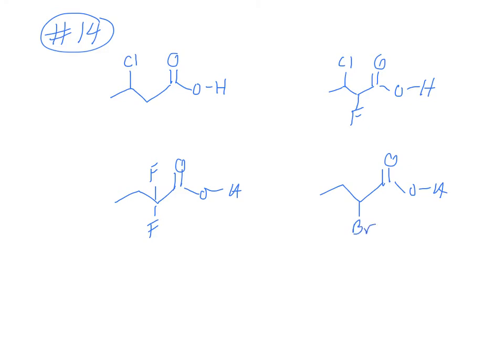So taking a step back and look at this, right? What does acidity refer to? These are all carboxylic acids, so that means we're looking at the strength or the reactivity of this OH bond. And we look at what's different between all of these. The easiest thing to look at, well, I have chlorine, fluorines, and bromines. Fluorine's the most electronegative, then chlorine, then bromine. I would guess the closer this is, the more it would affect the polarity of this bond, right?